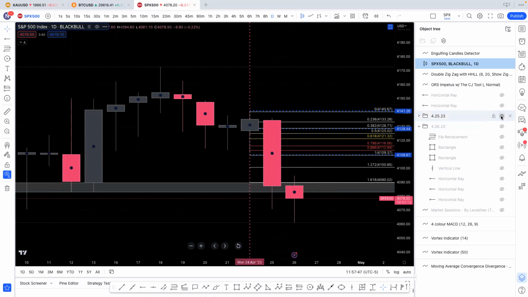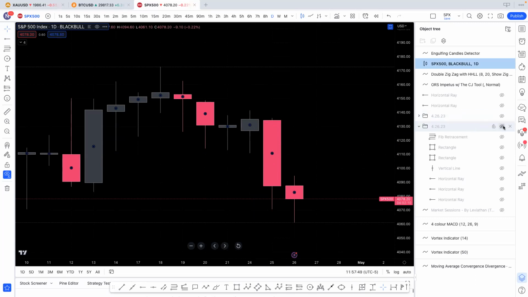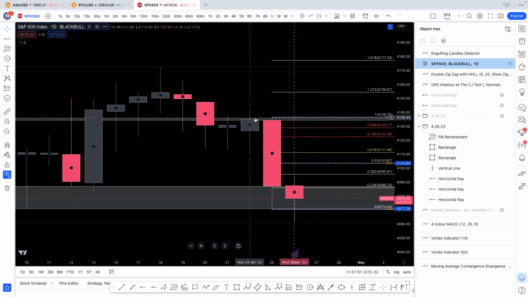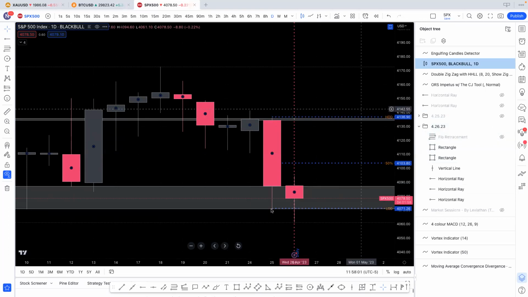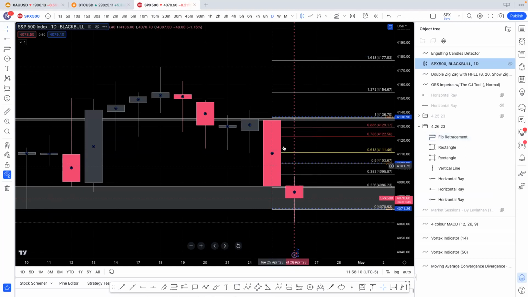So again, back to today, it throws everything back on there. All right, so I've marked off this candle as the high. I've also put on here that this is the high of the day. And then I put this being the low of the day. And then this right here is my fib 50%, as we can see.